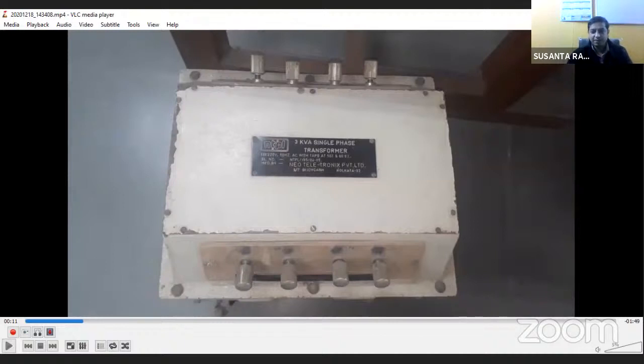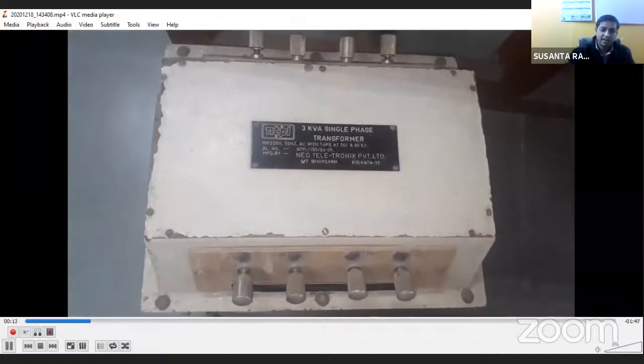So between 1 and 2 you have a coil, and between 3 and 4 you have another coil. These two coils are the low voltage coils, that means the 110 volt coils. So on the 110 volt side you have two different, electrically isolated coils. One is connected between terminals 1 and 2, another between terminals 3 and 4. Am I clear?